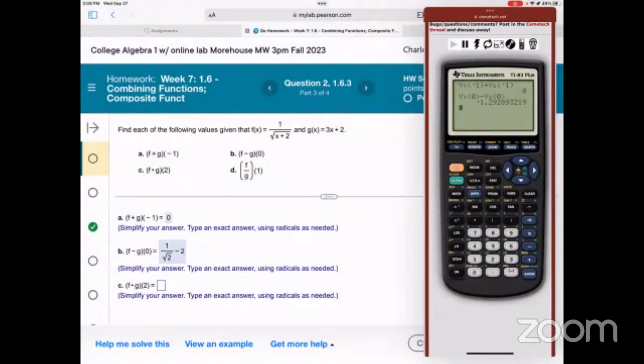Let's see, can we do it in the calculator? We might be able to. Okay. So if I call my function f, we want to say f of 2. I think this is okay. If we get this wrong, I got a change I can do. F of 2 times g of 2 should be 4. Let's just go with 4.